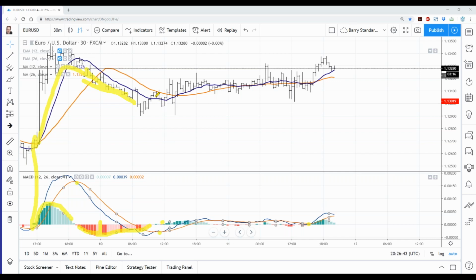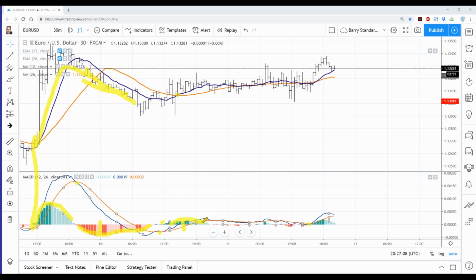We can see that here we got a crossover, which would have been a buy signal in a simple moving average crossover. But here we didn't get a crossover. Okay, so here we didn't get a buy signal triggered. We have very little momentum in the move, and therefore we wouldn't have bothered to enter into a trade.